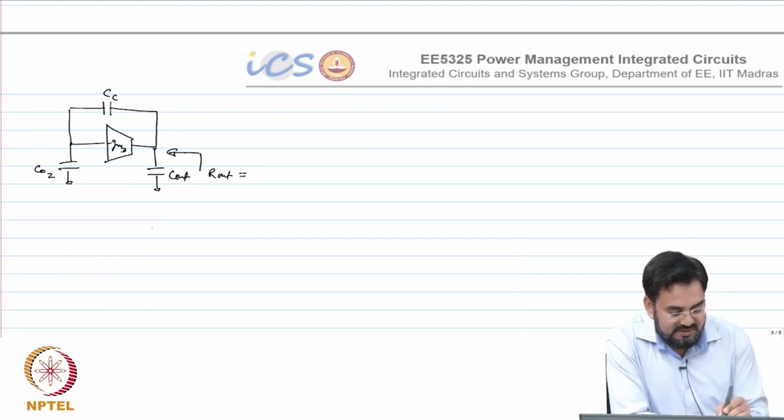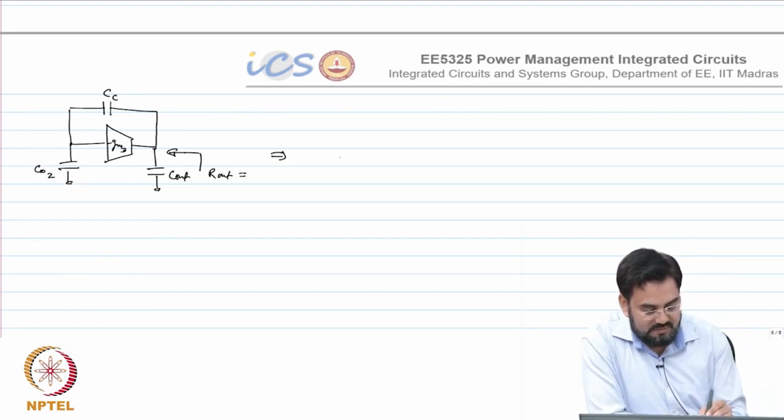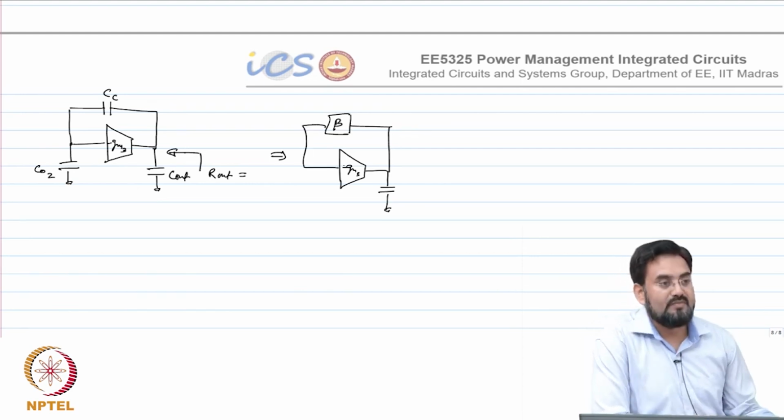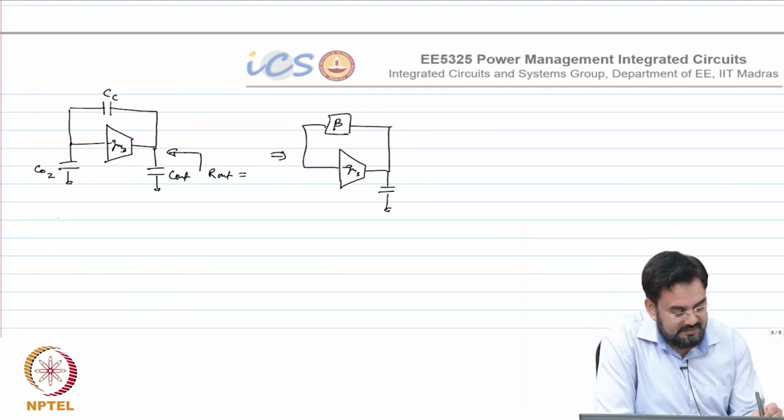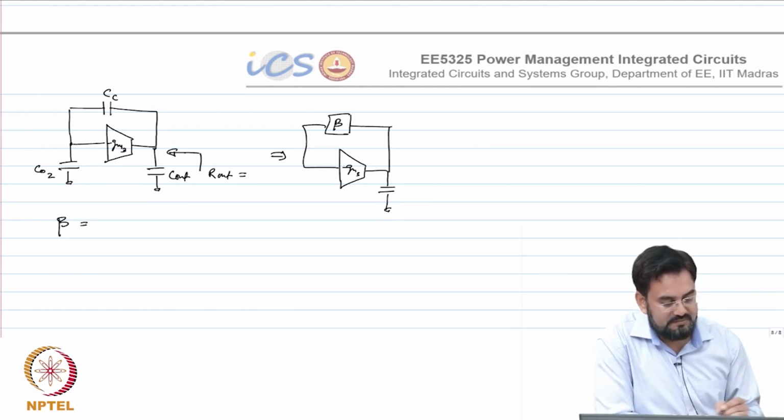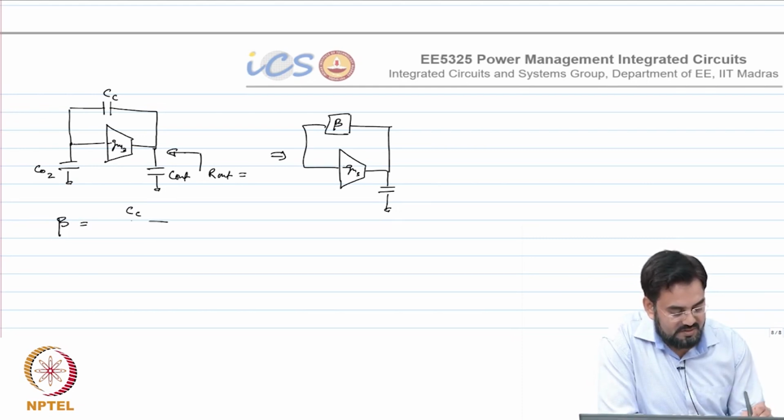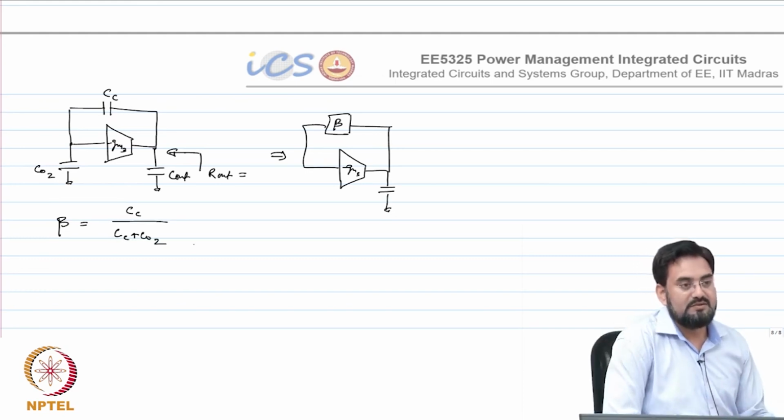So what you have actually, this is equivalent to, okay, and what is beta? Cc by Cc plus CO2.